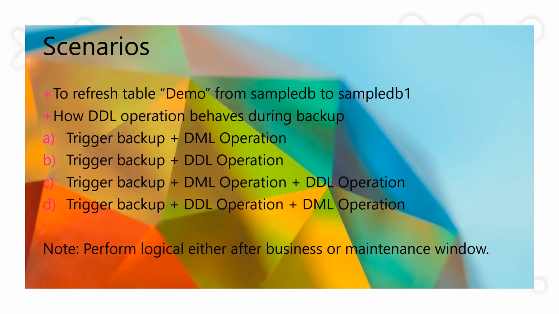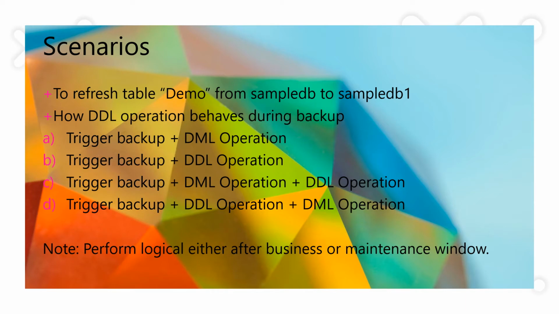Below are the scenarios I am going to cover in my demo. The first demo is refreshing data from sample DB to sample DB1. The second scenario is quite interesting, as in the document they mentioned that whatever dump it is creating, they are saying it is a consistent one.